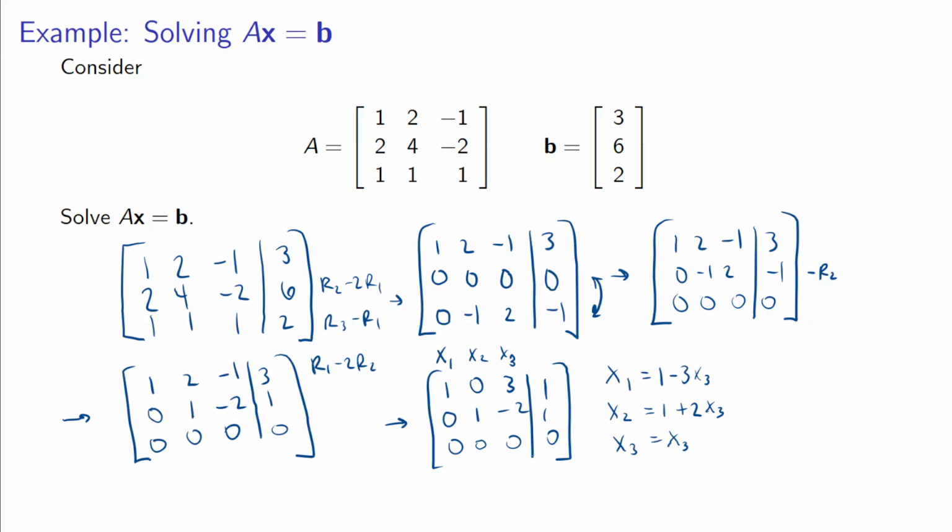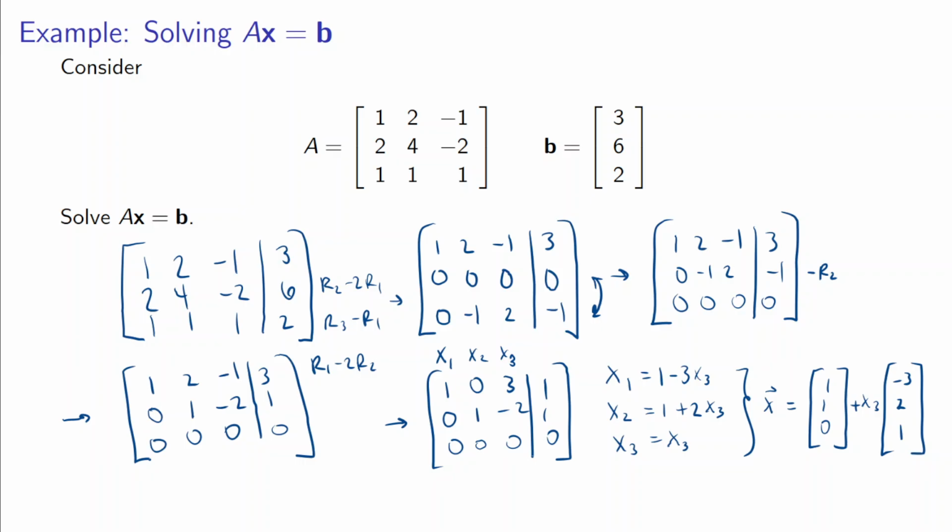It can be anything we want. One way we're going to learn to write this is what's called the parametric form. So the vector x, the solutions, are all going to have the form of the vector 1, 1, 0, the constant terms, plus x3 times -3, 2, 1.